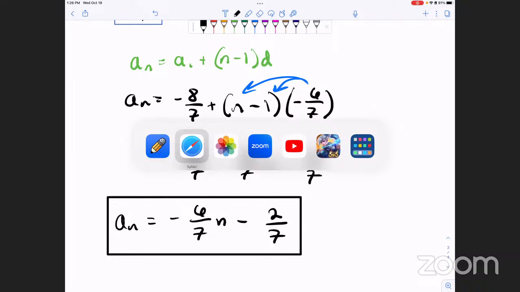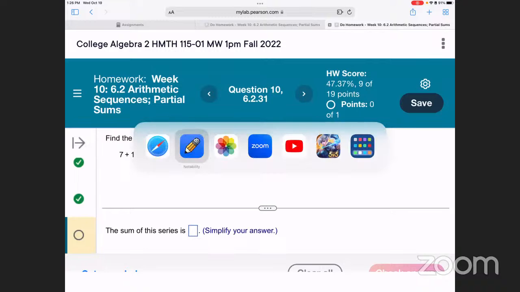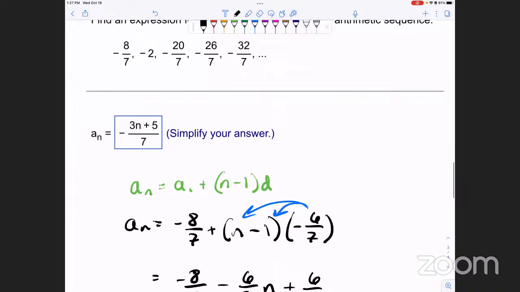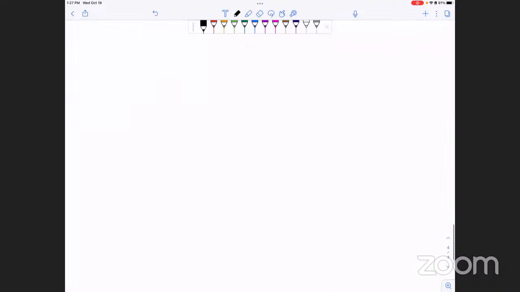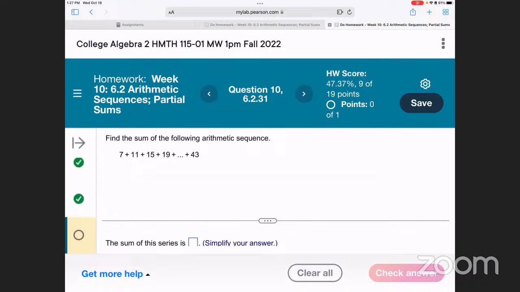So we left off here. Full screen. Thank you. So find the sum. Did we get a copy of this one? Oh, that was that one. Okay, so let's get a copy. Let's get a screenshot.